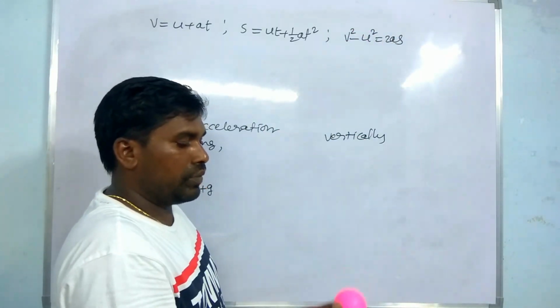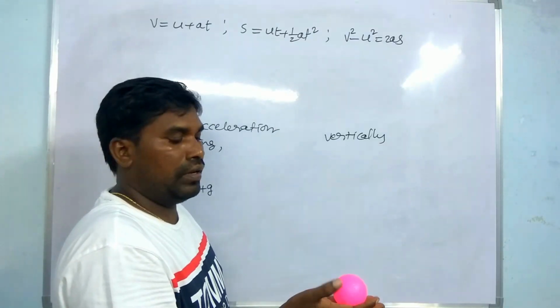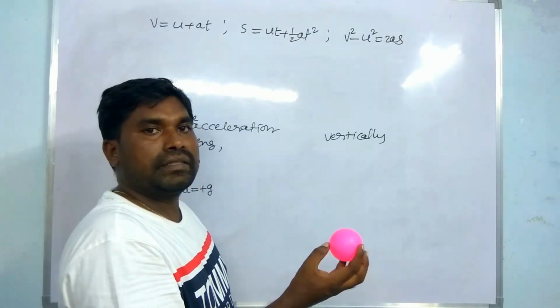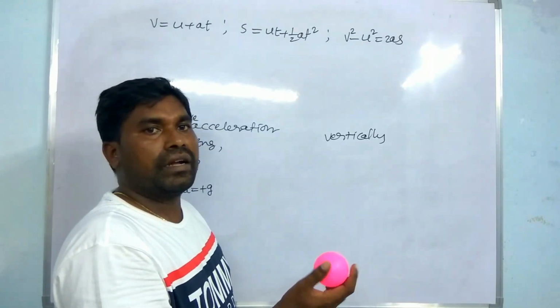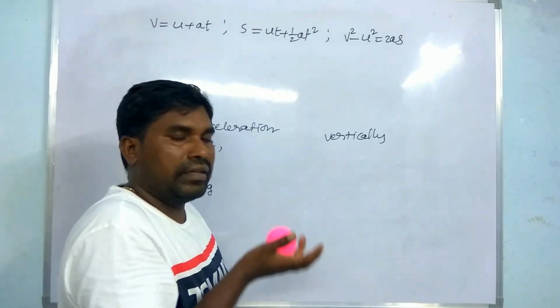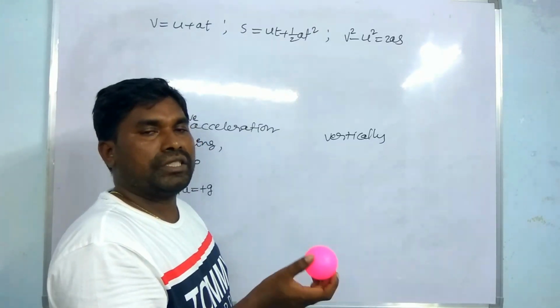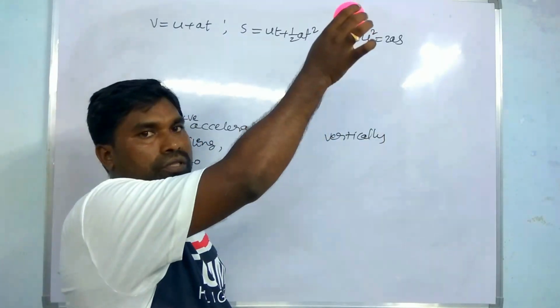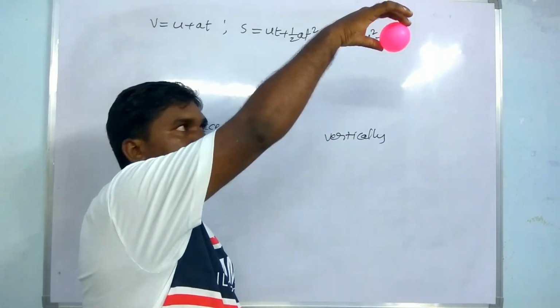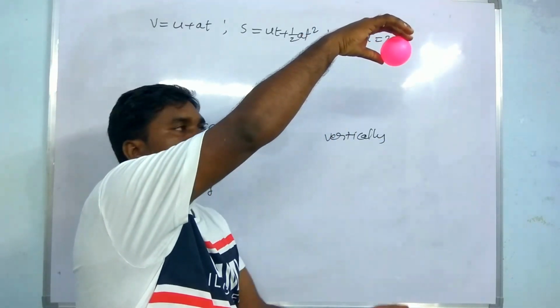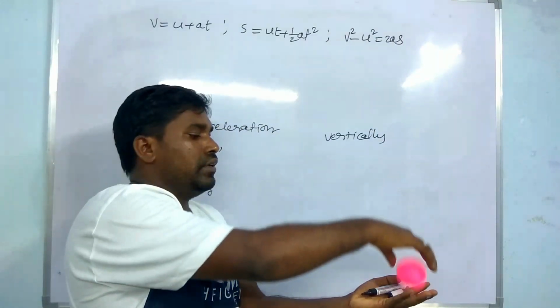If we give some force to the ball, it is said to be the initial velocity of the ball. Here the initial velocity is not equal to 0, because we give some velocity to the ball to move upwards. So it reaches the maximum height point. At this point the velocity of the ball is equal to 0 and it will come down.